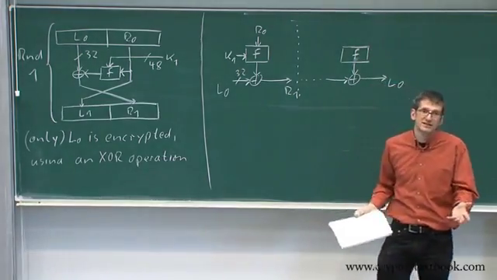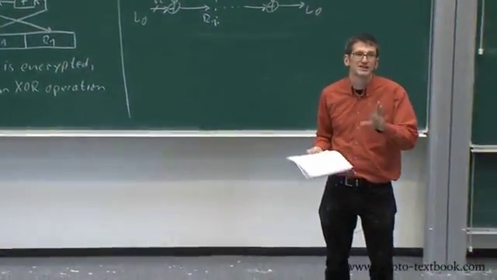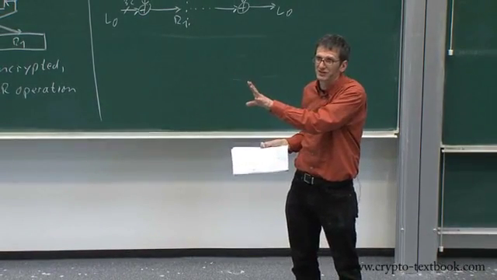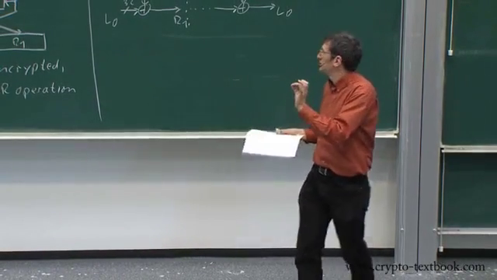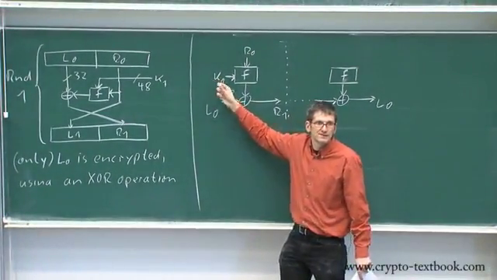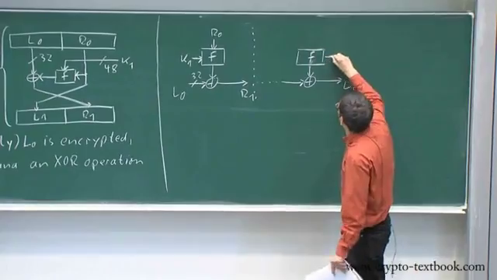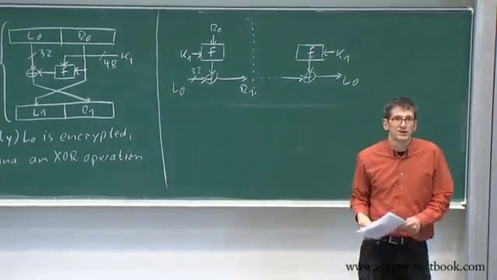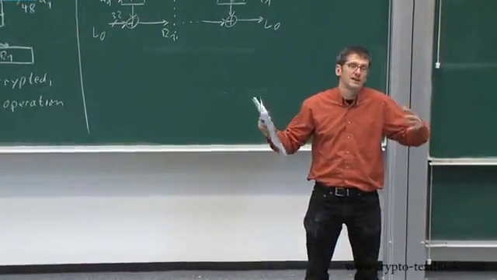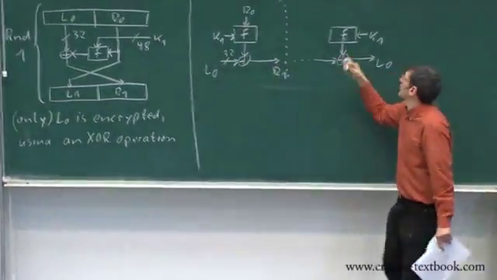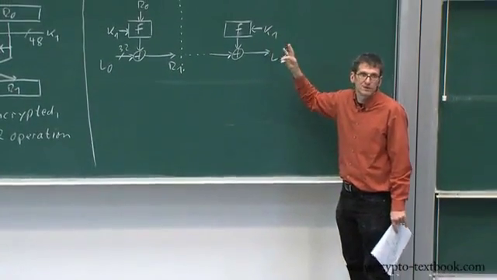Same F function is easy, right? You get that from our book, you get that in Wikipedia. We know since 1974 how the F function works, okay? What you need is the input to the F function. That means you need the key, right? Which is probably not a problem because Alice and Bob have the same key. So if Alice knows K1, probably Bob knows K1, right? This is probably no big deal.